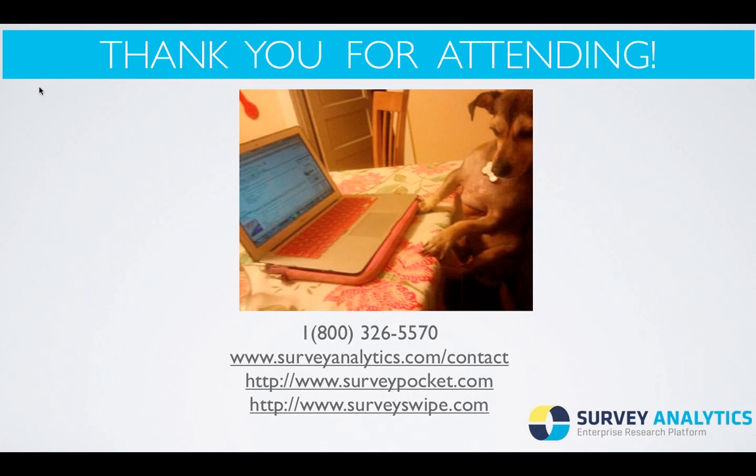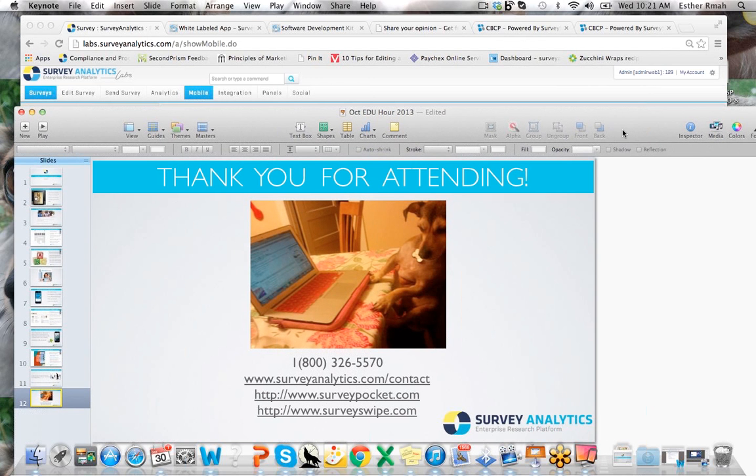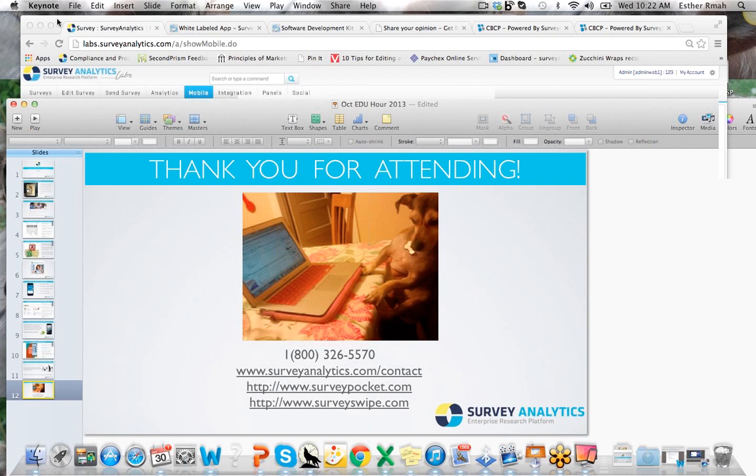And so after this, I just wanted to go in and do a quick demonstration using our tool here. Let me just make sure I've got that up. There we go. Here we are.